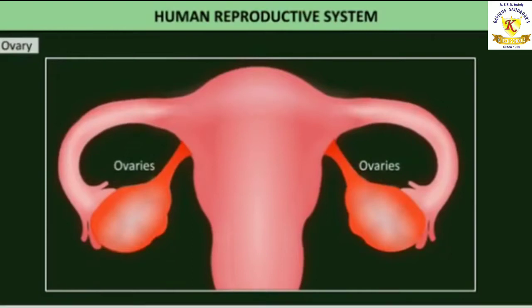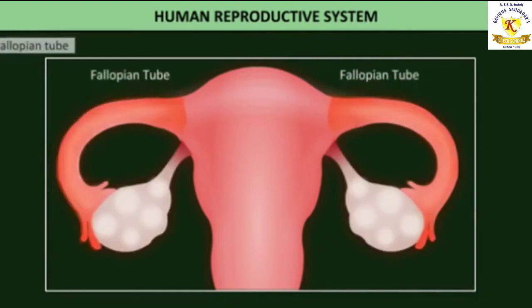Ovary. They exist in a pair, that is, there are two ovaries which consist of a number of eggs at different stages of development. The ovaries are responsible for the production, storage and release of ovum and secretion of female sex hormones. Fallopian tube.